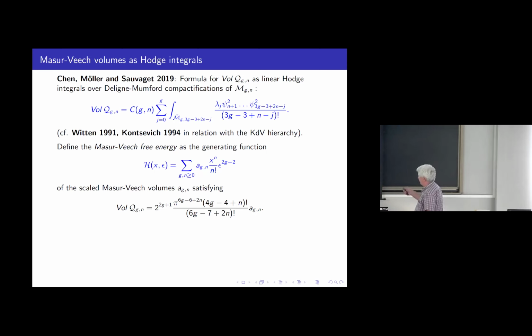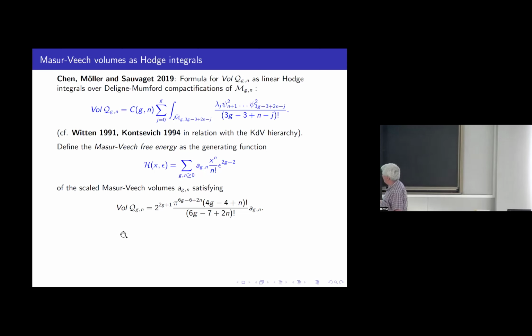I'm going to describe now what Dubrovin, Don Zagier, and Youjin Zhang discovered, which is quite beautiful. So let's consider the Masur-Veech generating function. A_{g,n} is essentially the volume.